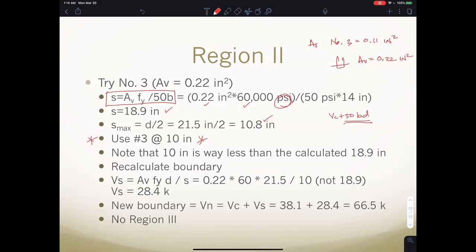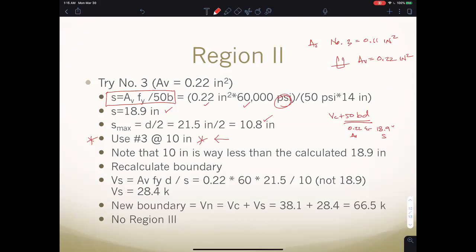This is if you use 0.22 and 18.9 inches for AV and S. But we're not using 18.9. We're using 10 inches because the maximum spacing is D over 2.